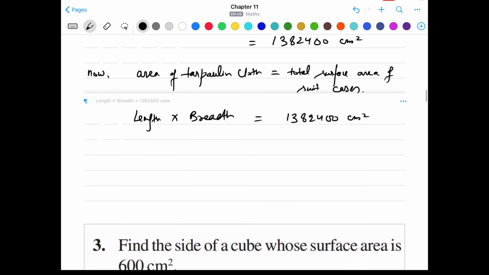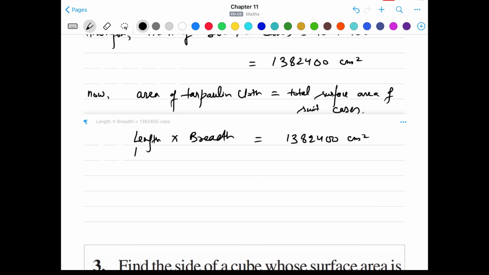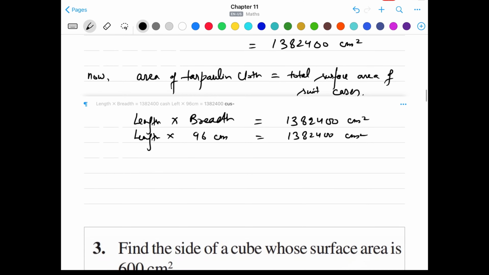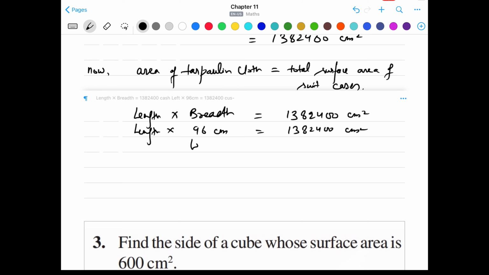So in place of breadth we can write 96 centimeter, so length into 96 centimeter equals 1382400 centimeter square. So from here, length will be 1382400 divided by 96 centimeter.